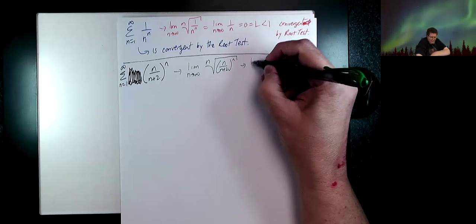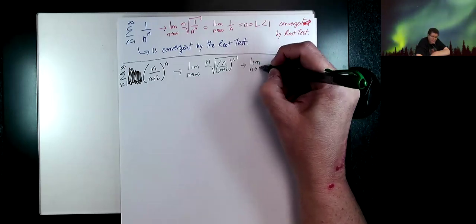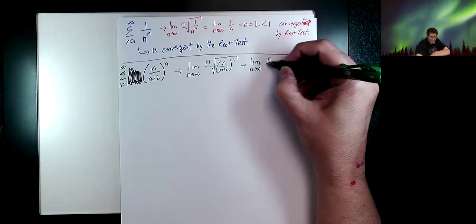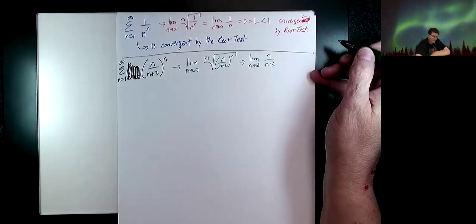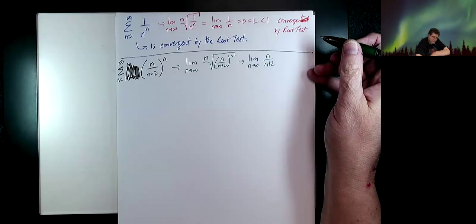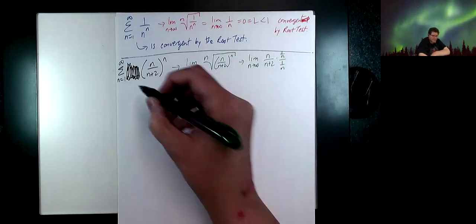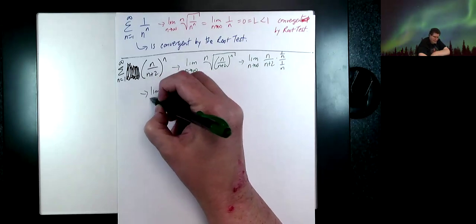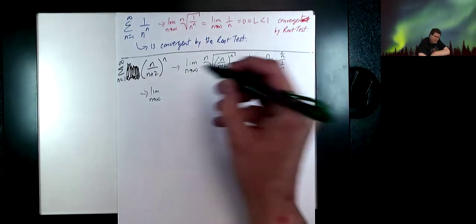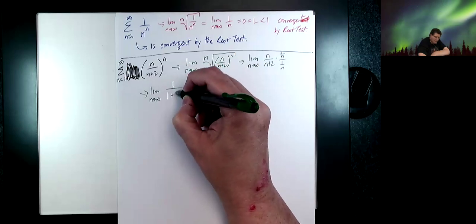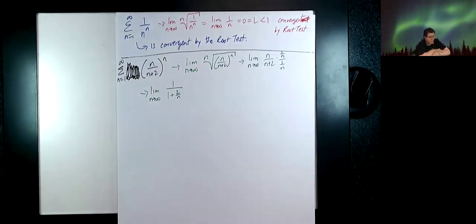This gets us the limit as n goes to infinity of n over n plus 2. If I multiply top and bottom by 1 over n, I get the limit as n goes to infinity of 1 over 1 plus 2 over n.